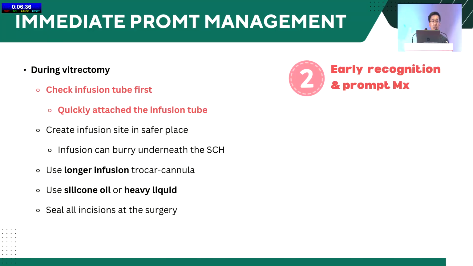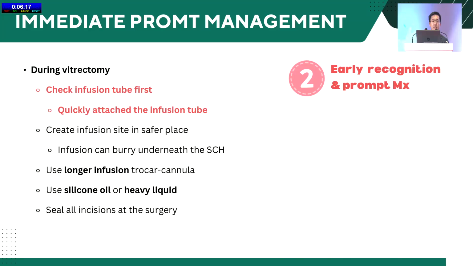If it is not, you need to create the infusion on the other side in a safer place, or put it in the hand port. You can also use a longer infusion cannula to get it past the suprachoroidal space into the vitreous cavity.